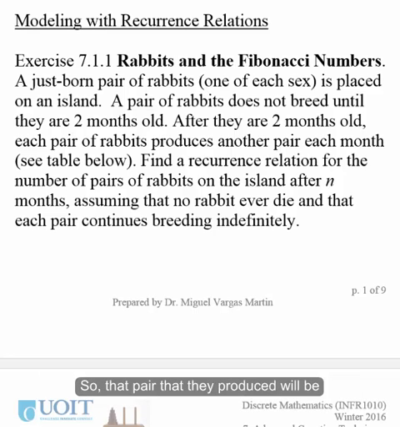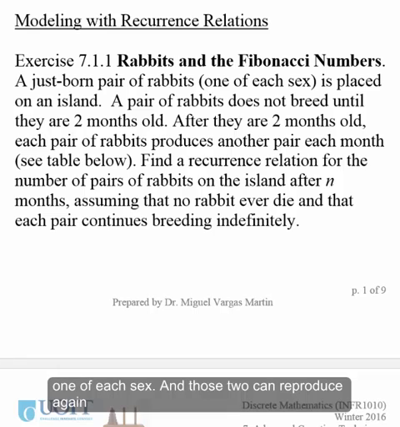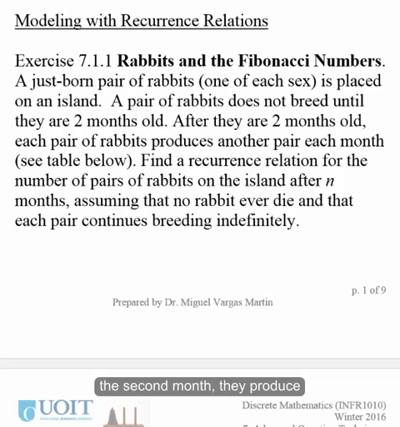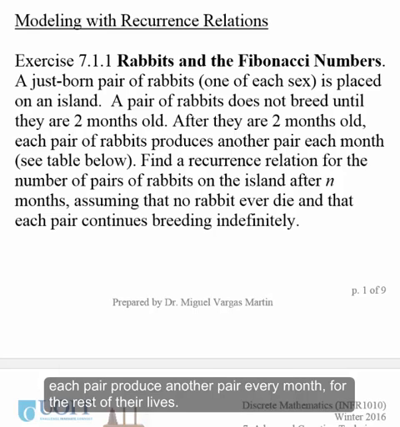That pair that they produce will be one of each sex, and those two can reproduce again with the same rules. They don't reproduce for the first 2 months, but after the second month, each pair produces one more pair every month for the rest of their lives.